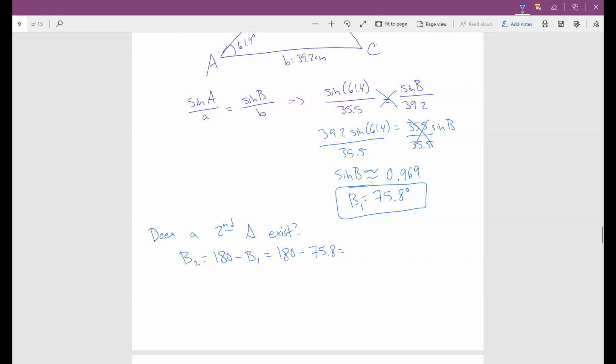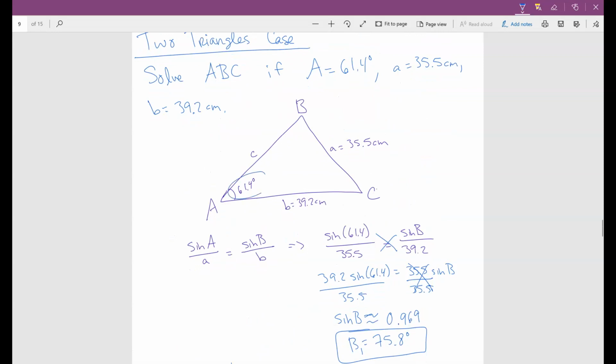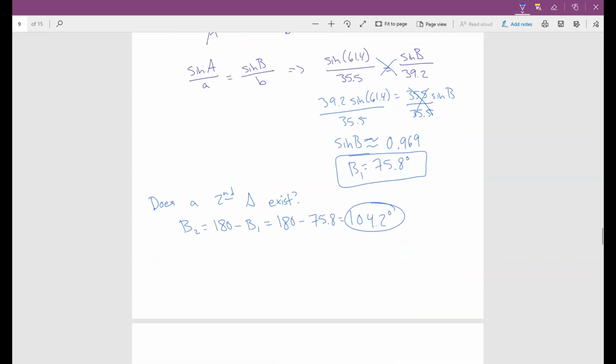So let's see what this does. 180 minus 75.8 is going to give me 104.2 degrees. Okay, so if B2 really exists, this is what B2 is going to be. All right, so how do we check? We check by taking the original, which in this case is the 61.4, and adding it to this 104.2.